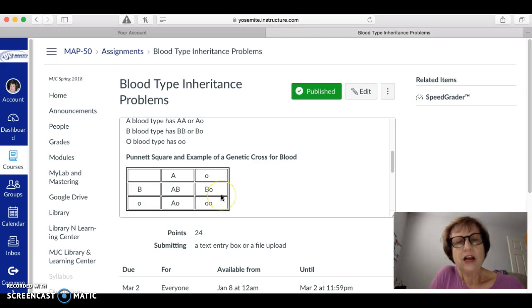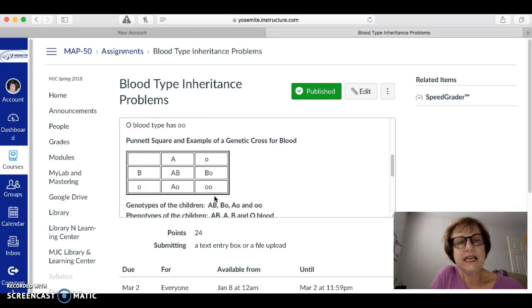Now, it's a little hard if you just make your table 4 squares and try to put the AO at the top and the BO on the side. So it's easier if you just extend your table and make it have 3 columns and 3 rows, and then put your genotypes for the parents on the top and the left side and fill in.